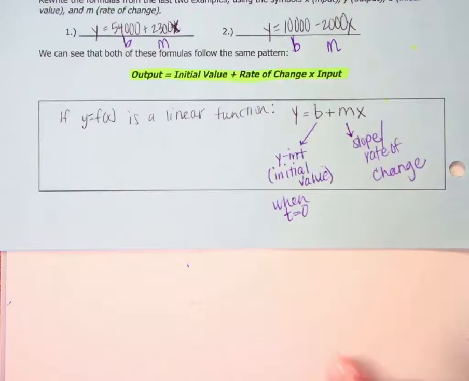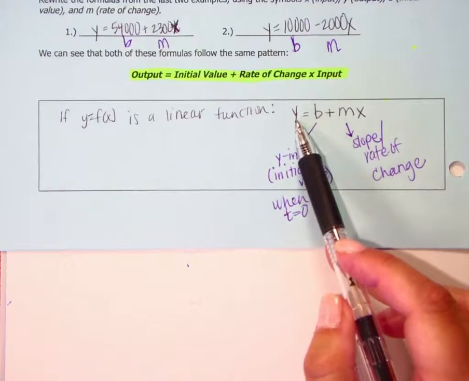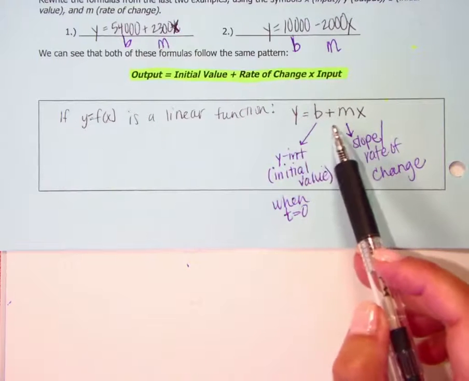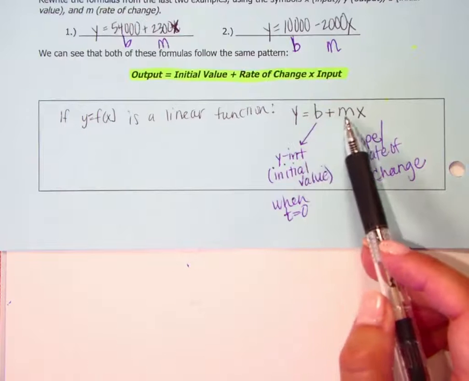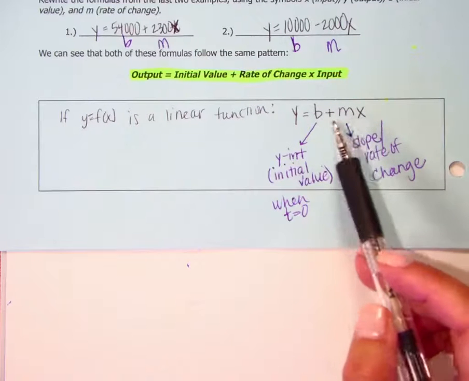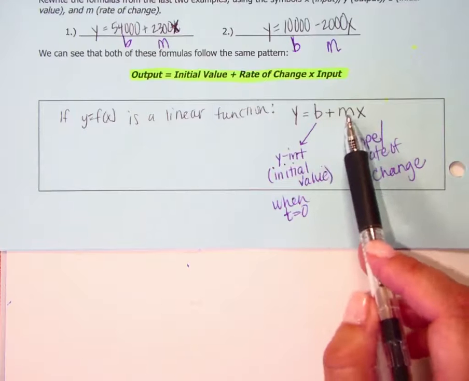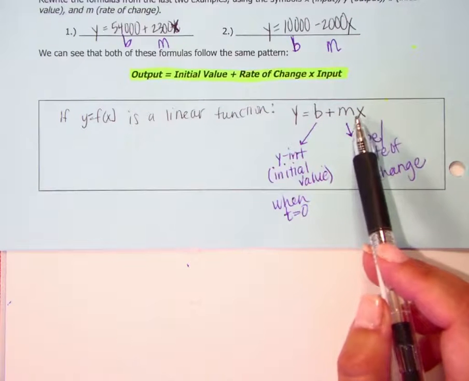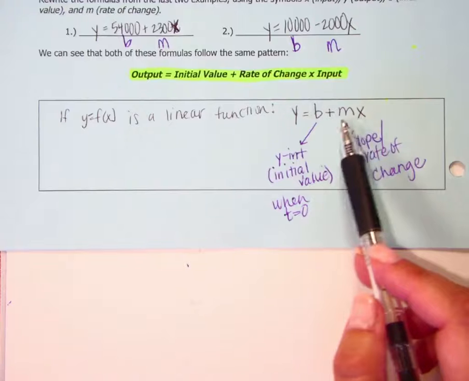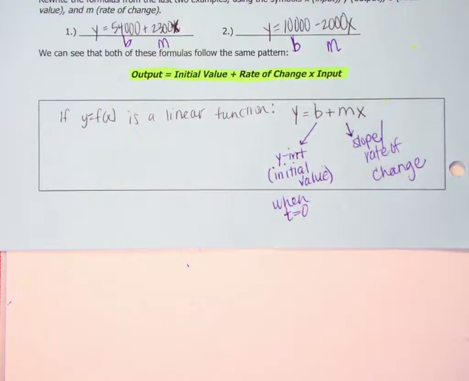I always like to make the note, you guys are used to seeing linear functions as y equals mx plus b, right? So you can see that this imposes the y-intercept and the term mx. The reason for that is because we're talking about this in the context of a situation.